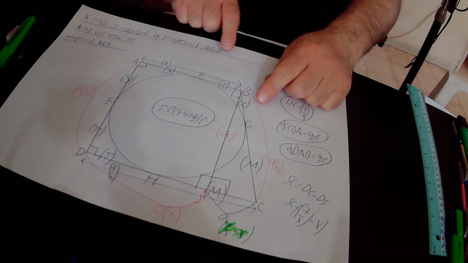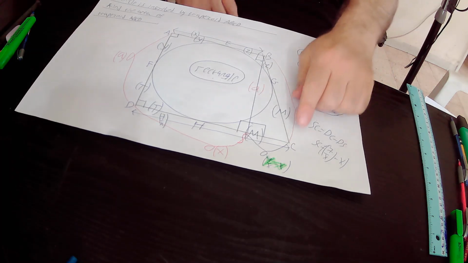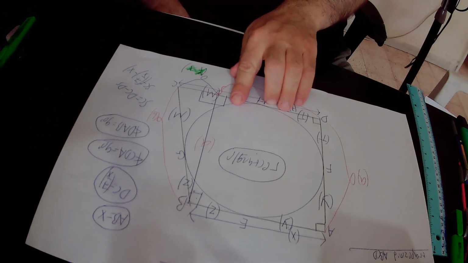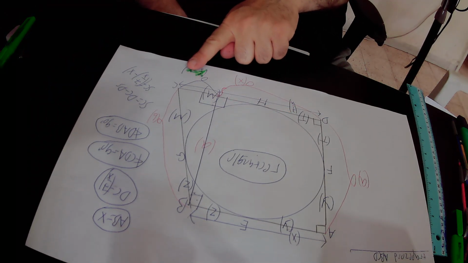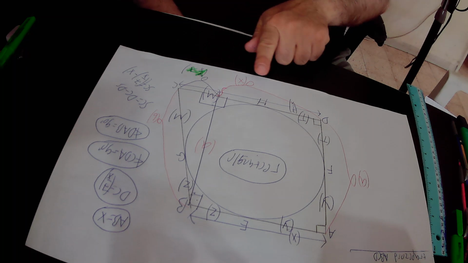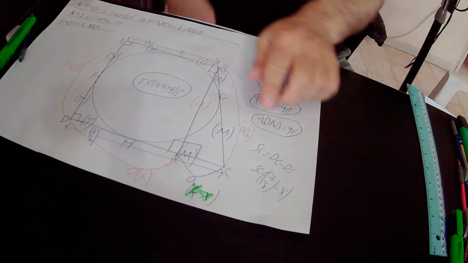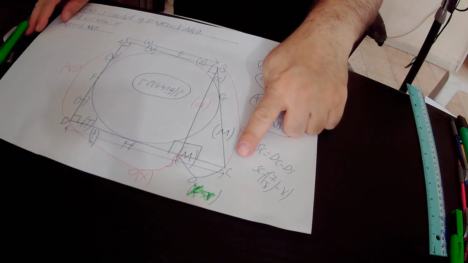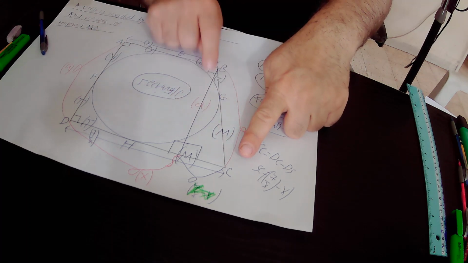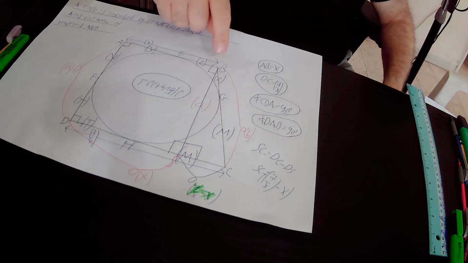So if we define the length of tangent BE as z, then the length of tangent BG must also equal z. Likewise, we focus on this common external point, point C. From point C, we have two tangents to this circle, tangent CH and tangent CG. According to rule 2, they are equal to each other. That is to say, CG equals CH.